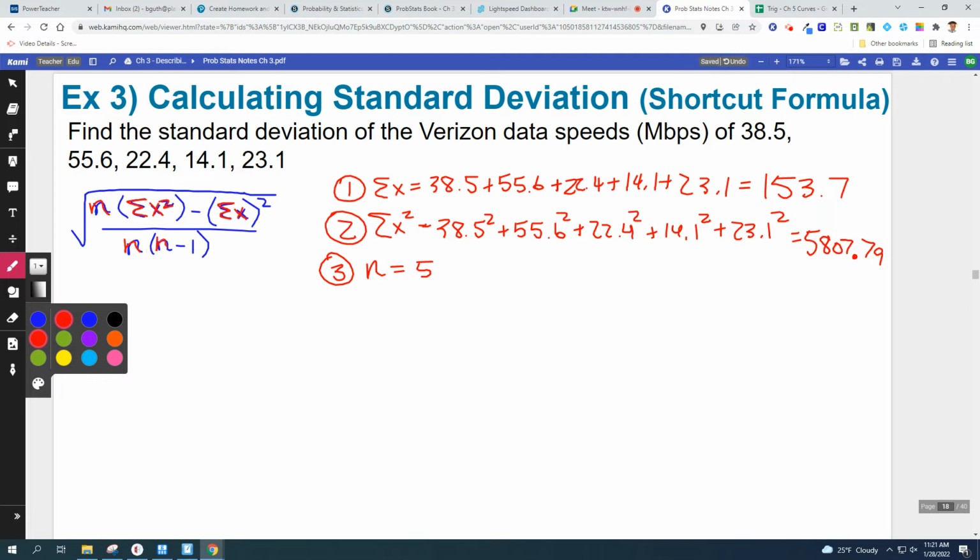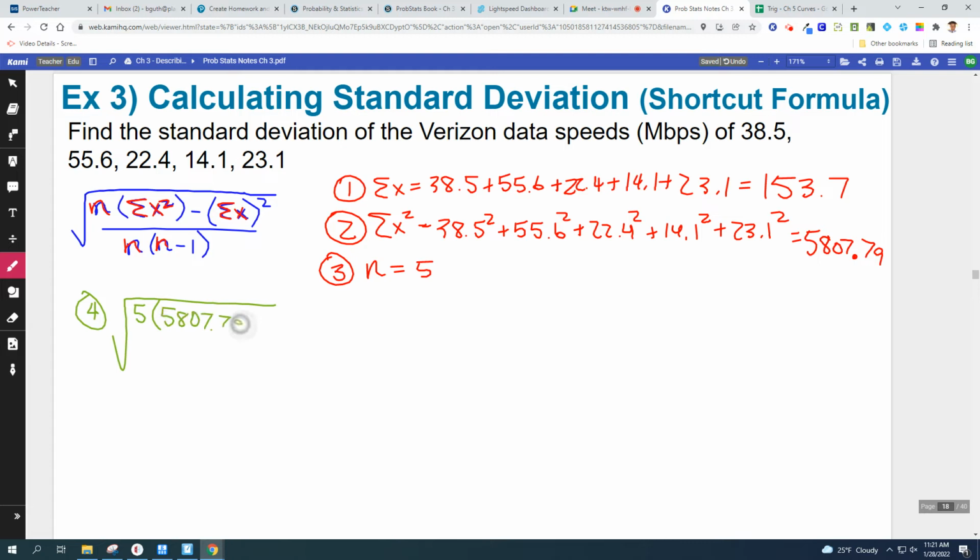Okay, all we have to do at this point is plug in. And so step 4, I'm just going to go ahead and build out the equation. I've got a big square root, and n is 5. And then my sigma x squared value was 5807.79.